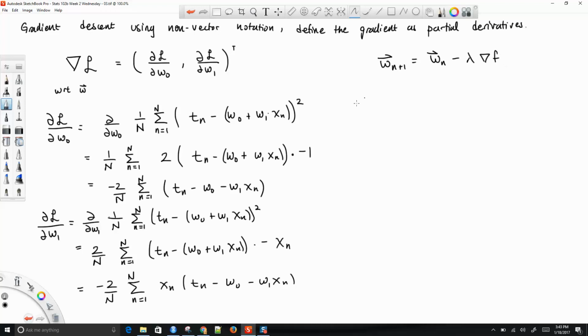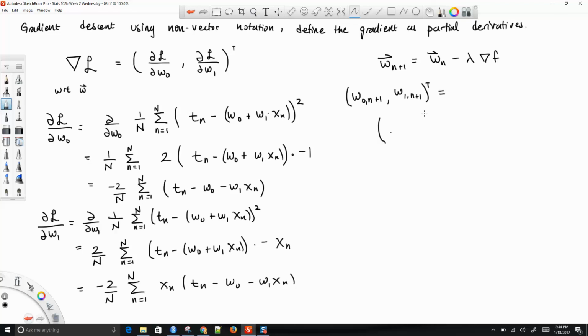This effectively says that our next Wn, the vector W0 at time n plus 1 and W1 at time n plus 1, I'm going to split this.